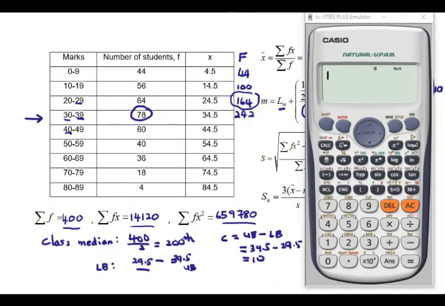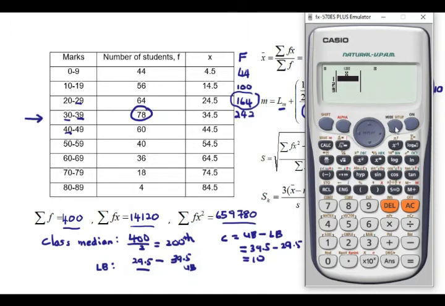Let us try another model of calculator, FX570ES. First of all, go to Mode Setup. 3 is the option for Statistics. Press 3. 1 variable. Now we're going to create another column for frequency.